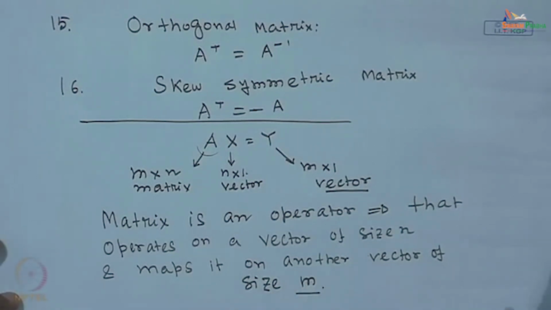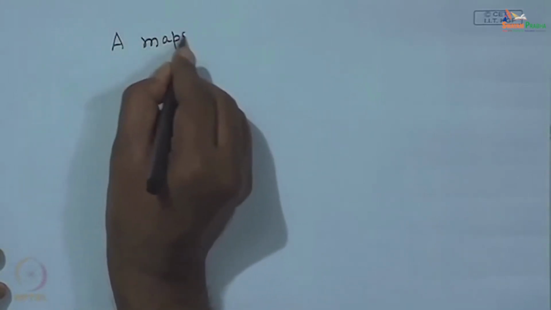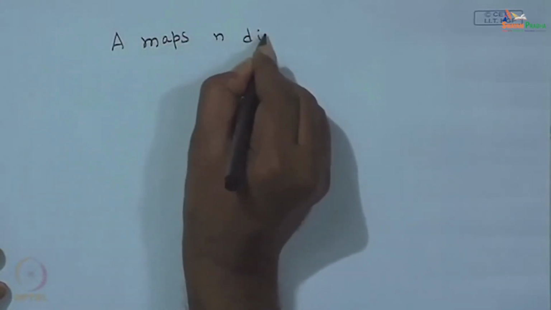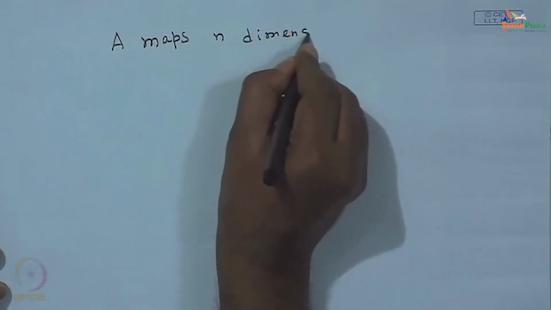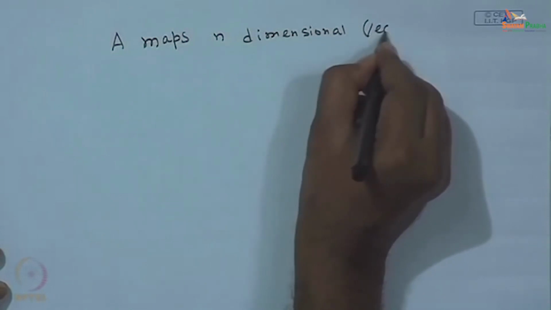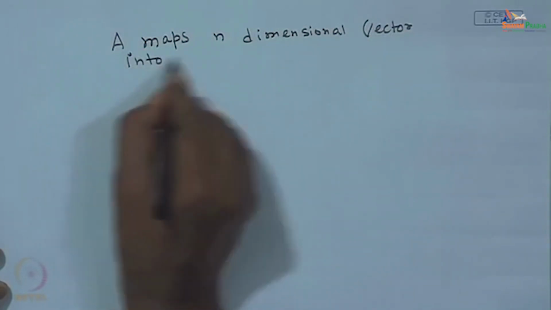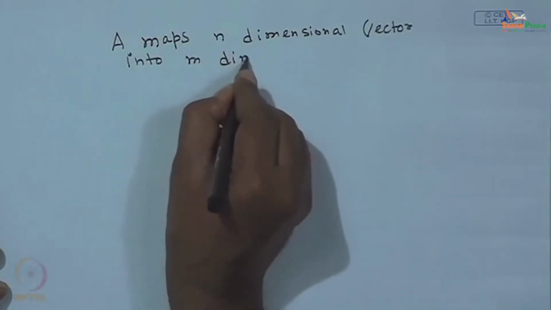So, a matrix is nothing but an operator or a map. So, A maps an n dimensional vector into an m dimensional vector.